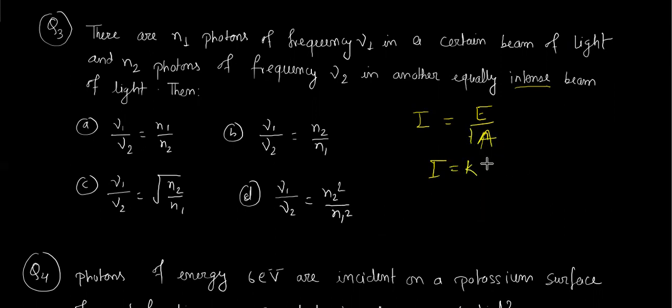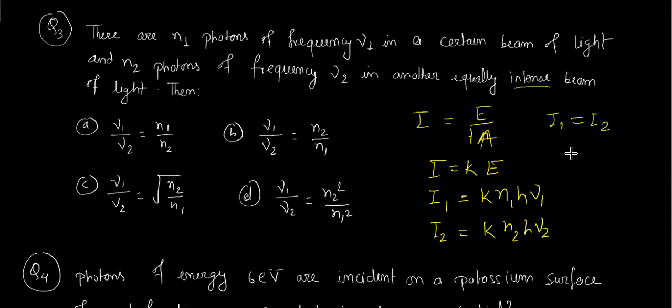For the first case, I1 is equal to k times the energy of a photon. If n1 is the number of photons, then it is k times n1 h nu1, and for the other one we can write k times n2 h nu2, and both are equally intense. That means we are given to equate I1 and I2.